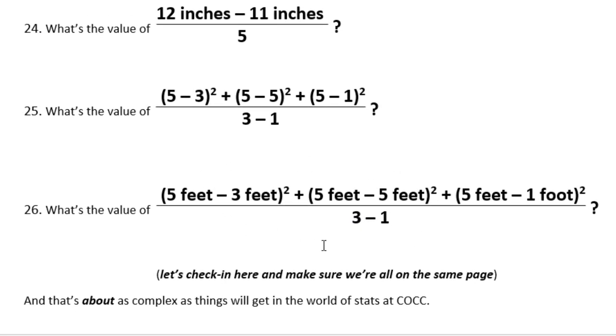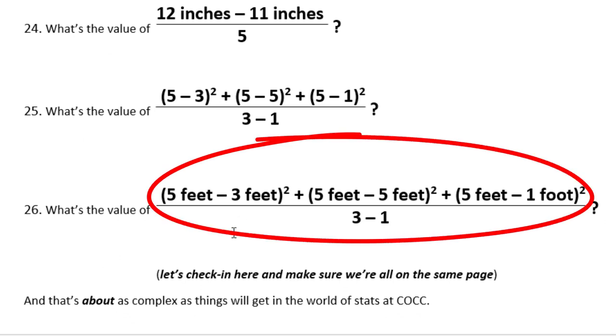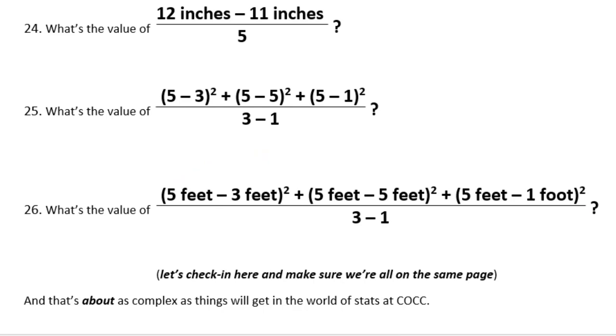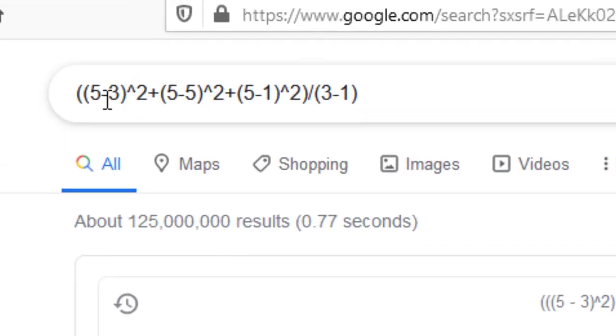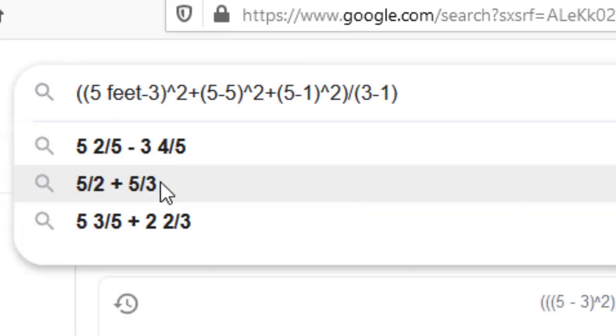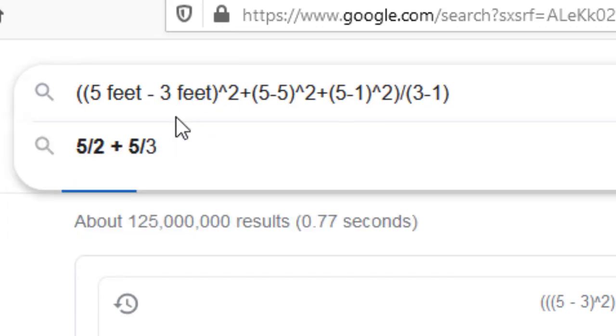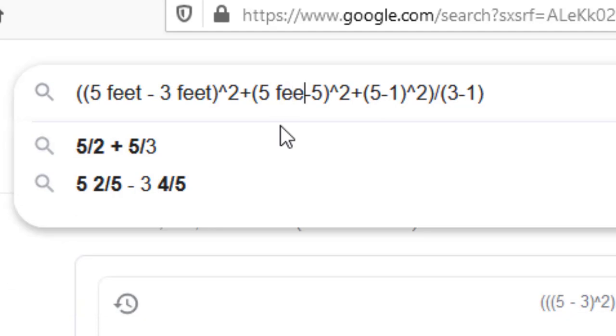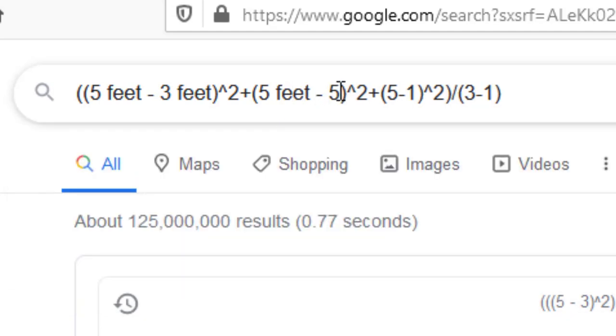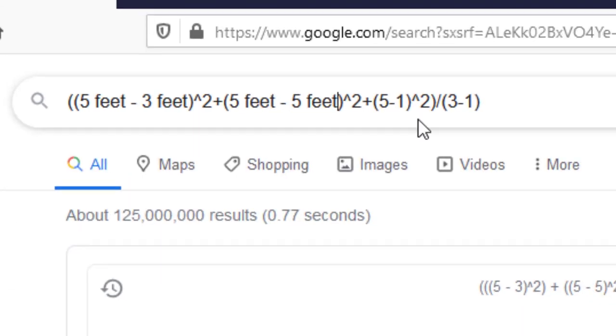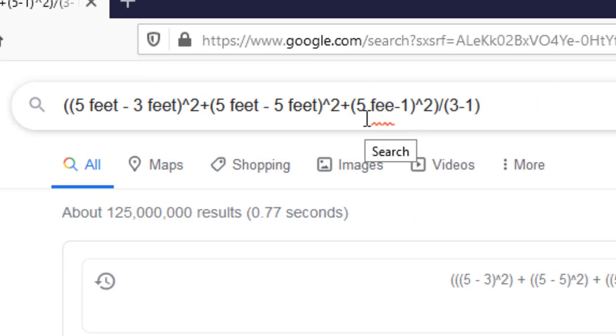I'm not saying this is easy to look at because it sure isn't. But that's the way you have to group it if you want to use technology to actually do these expressions and get the correct answers. This is the exact same expression as this one, except this one has units involved. So I'm going to go in and put those units in. So I'm going to put 5 feet minus 3 feet. And then 5 feet minus 5 feet. And then 5 feet minus 1 foot.